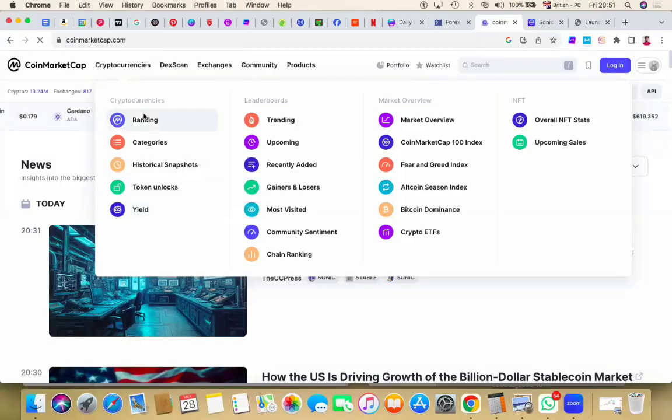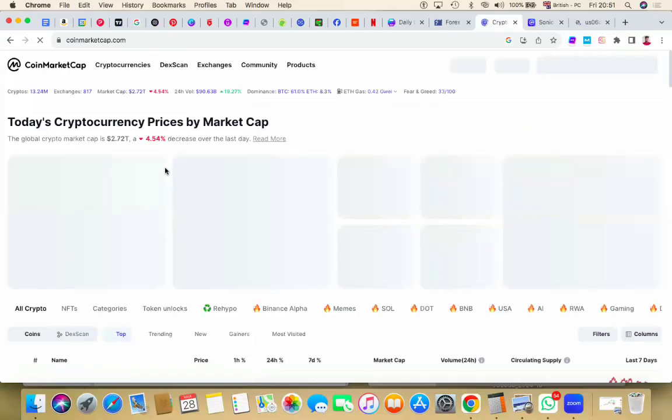We can see different pairs. You also want to read news that are related to the pairs that you are trading. So this is one of the tools. Like I told you, we also have CoinGecko, we have different kinds of tools, but the one I would recommend is CoinMarketCap.